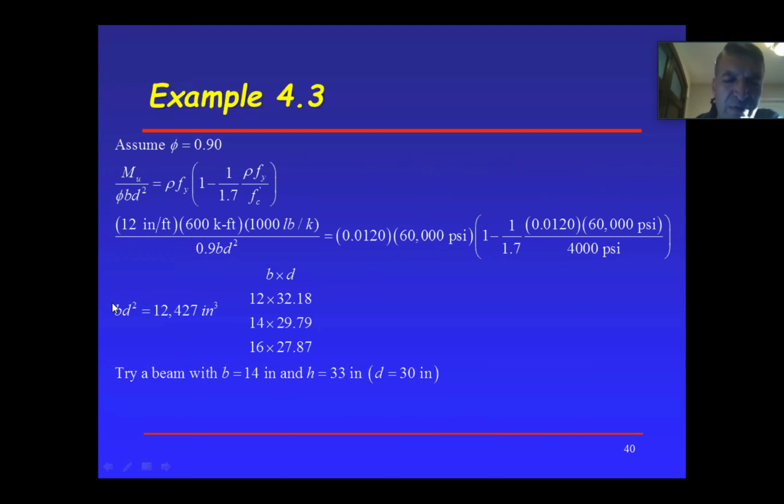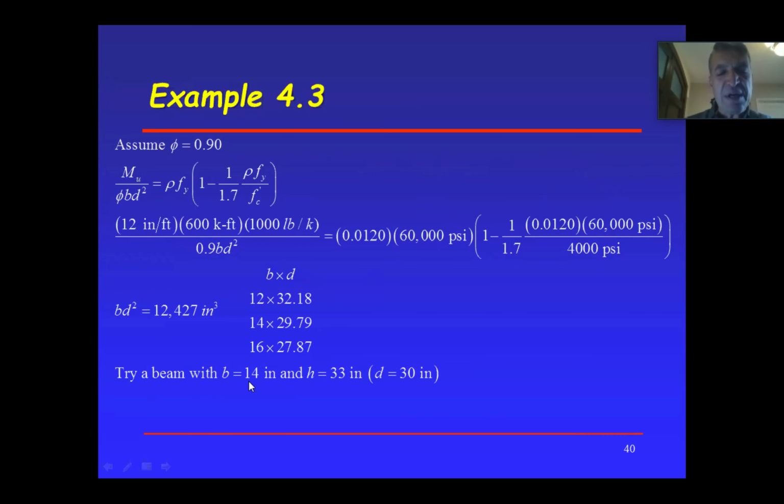If b is 12, you can get d: 12,427 divided by b, square root of that. So that comes to 32.18. If b is 14, d is 29.79. If b is 16, d is 27.87. So we're going to shoot for the middle number.